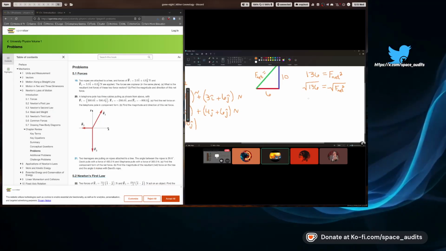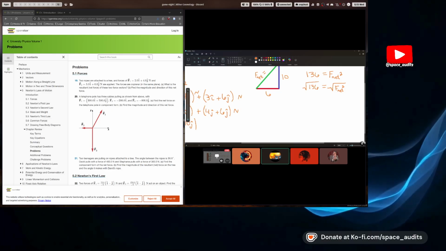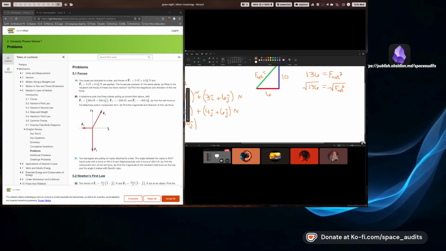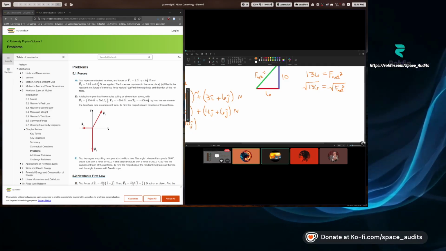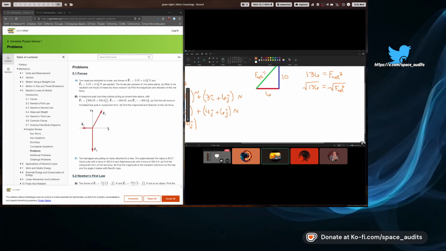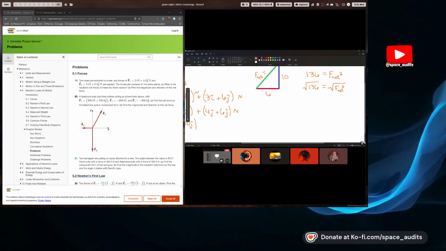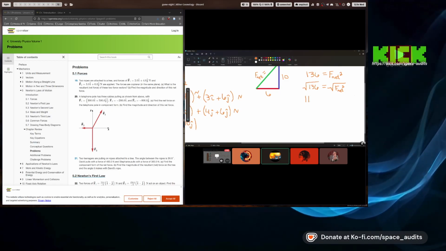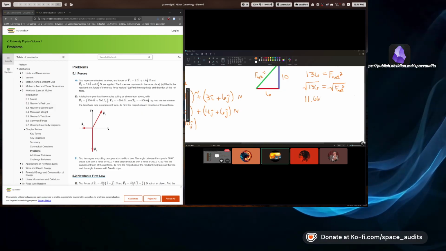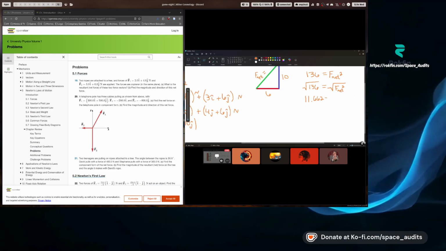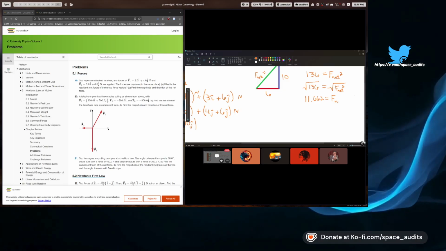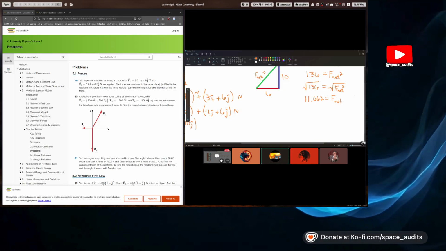So what this gives me is, let me see what the square root of 136 is. One second. The square root of 136 is about 11.662, which equals F net.